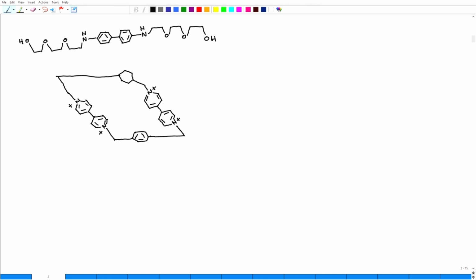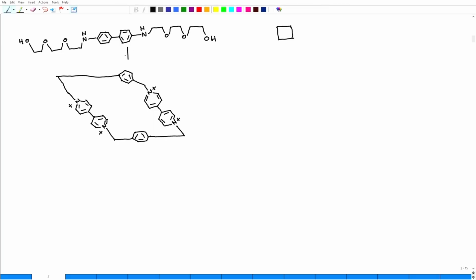So, this is an aromatic also, and this is a macrocycle. I have drawn it like that, but actually you can write this macrocycle almost like a rectangular type. Fine. Then what do I do?